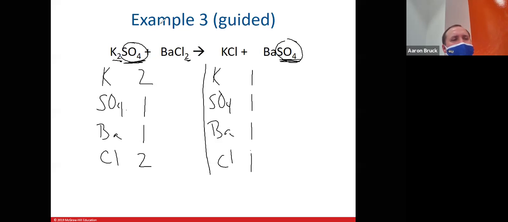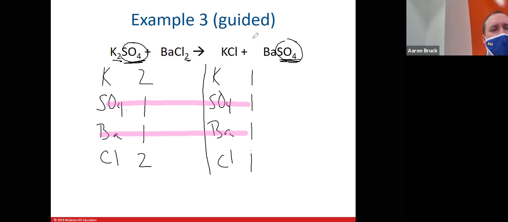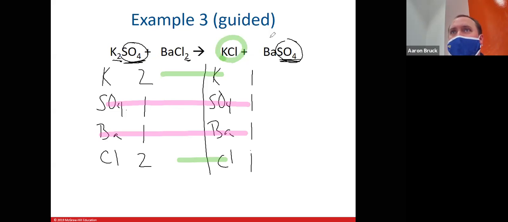Now, what I want you to pay attention to here is that there's some commonality here. So the barium and the sulfate are already balanced as is. The potassium and the chloride are not, but notice that they're off by the same amount. And notice that on the side in which they are off, they are in the same compound.